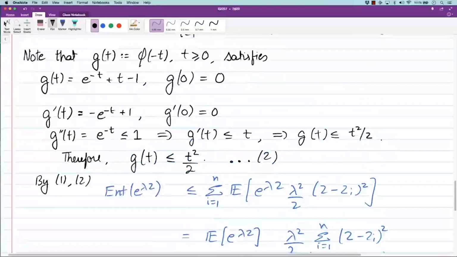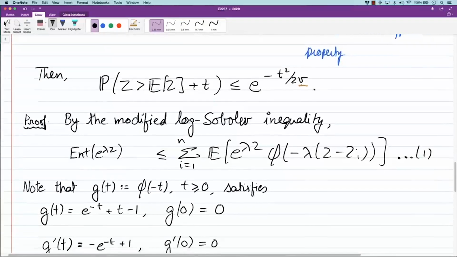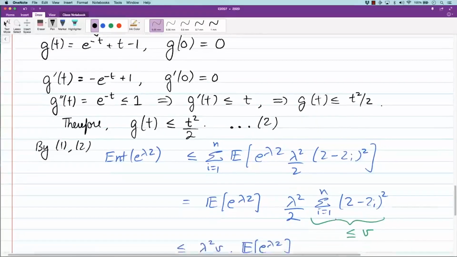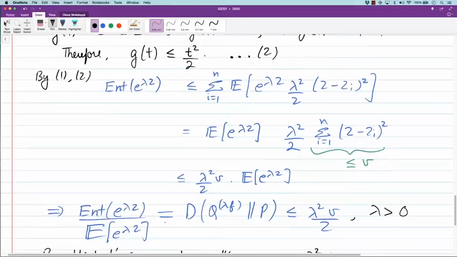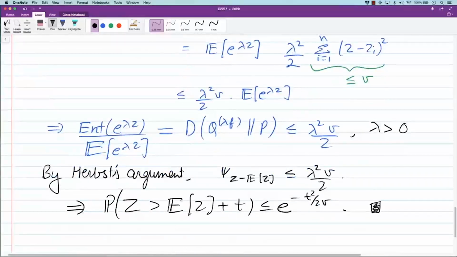This inequality gets you z minus zi square, lambda square. Then this tensorizes, so this gets bounded by lambda square v, and you have bounded this ratio effectively. Using the formula for the log moment generating function, we get the sub-Gaussianity bound, which in turn implies sub-Gaussian tail bounds.